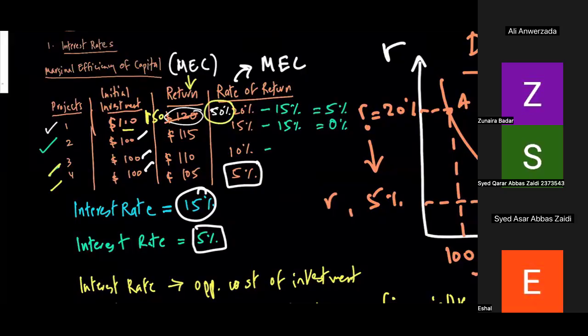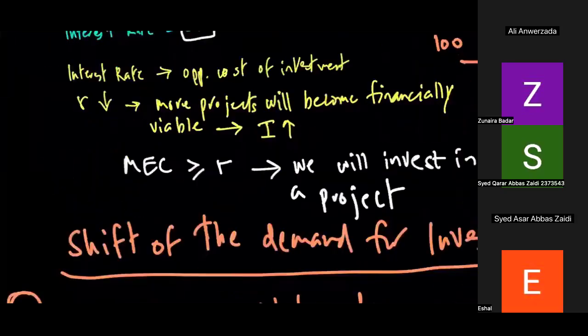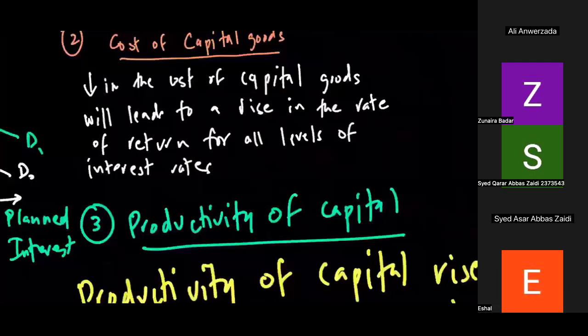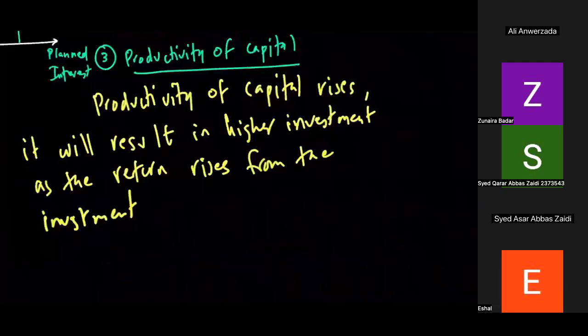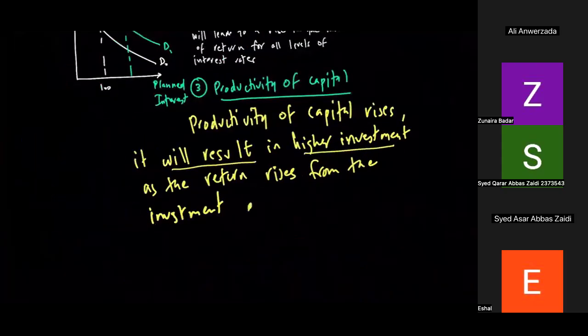So now, if the capital becomes more productive, then it will result in higher investment as the return rises from the investment, causing the rate of return to rise.